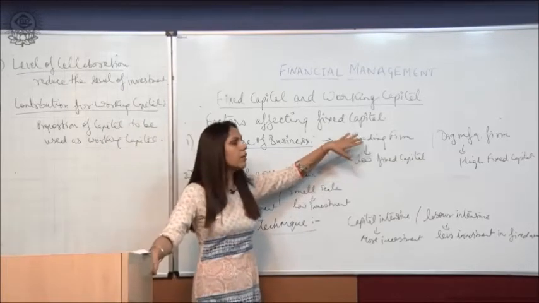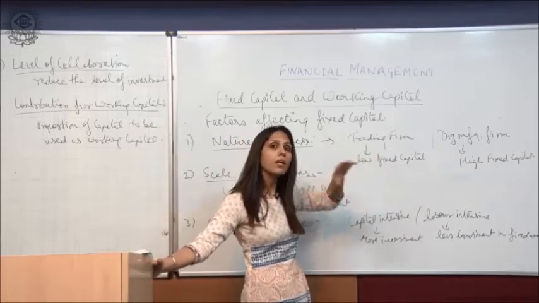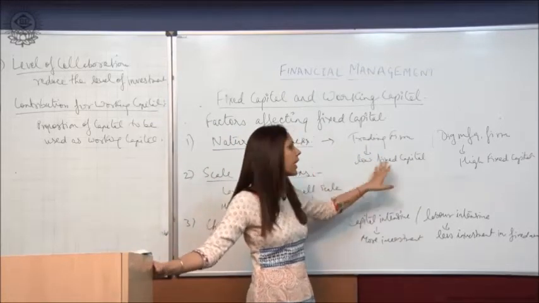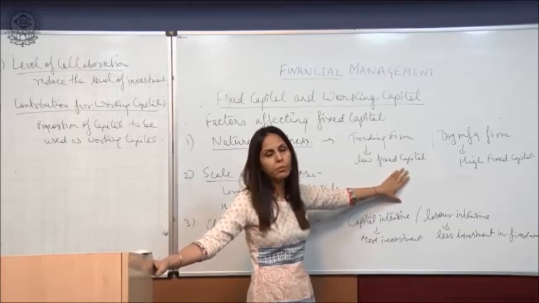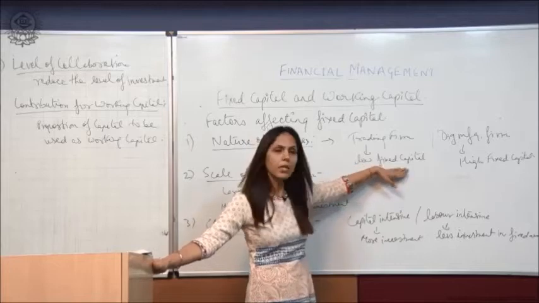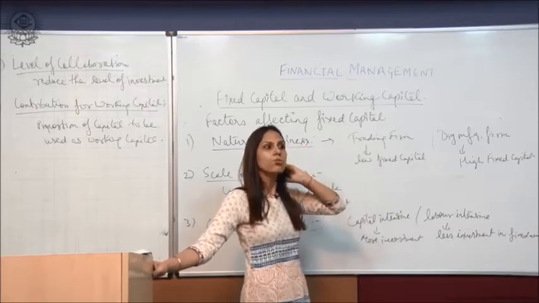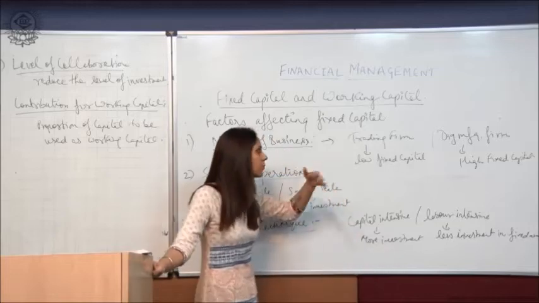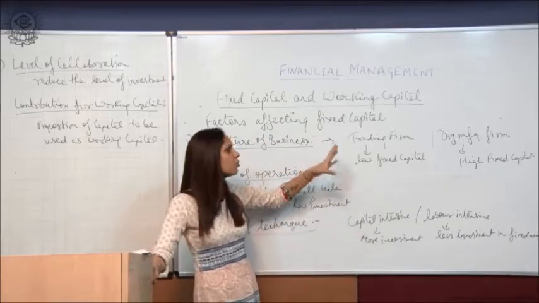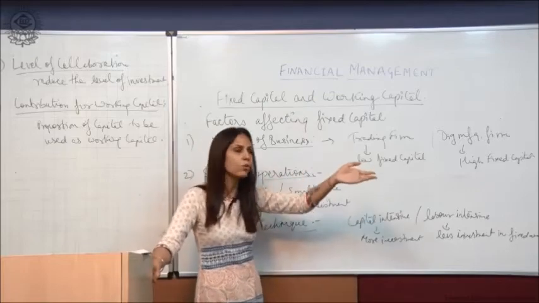So in a trading firm, there would be a low fixed capital required, fine, because it's a small firm and there is less fixed capital involved, as that firm is into the business of purchasing goods and selling goods.